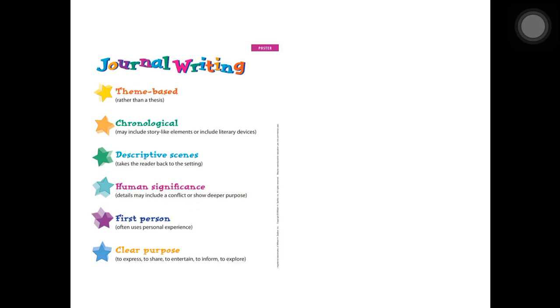This will be a good guide to make sure that you're sticking to these 6 things: that you are writing theme-based, chronological, descriptive, that you're adding in human significance, that you're writing in the first person, that you're staying clear. So I want you to print out this paper and have it beside you as you write your journal writing to keep you on track. Basically I just want you to print this out for reference, okay? There'll be no work that you'll need to do on this. It's just for reference.